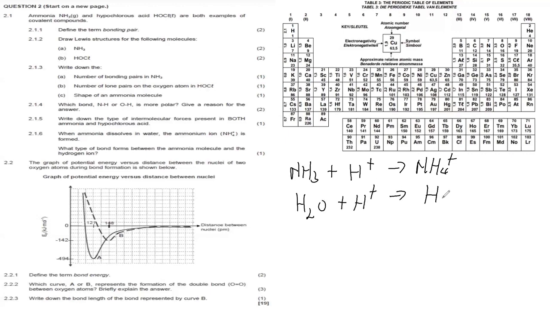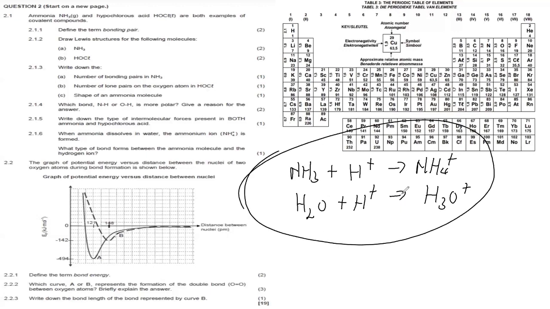So you have two of them that they're going to ask. It's either it will be this one and that one forming ammonium ion, or if it is not this one that they're going to ask you about, it's obviously going to be the H2O reacting with the hydrogen ion to form the hydronium ion. So two of these, you'll be asked about these ones, and then you always have to note that this is dative covalent bond.